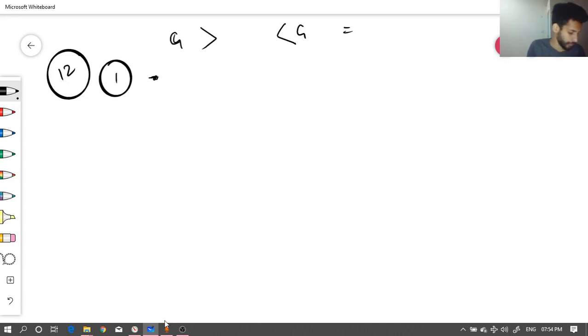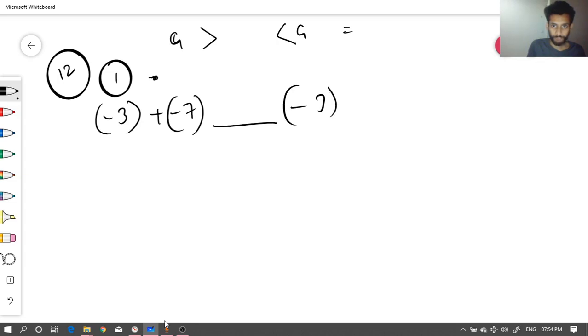So number one question is minus 3 plus minus 7, bracket minus 3 minus 7. So what we have to do is we have to solve this part and this part in these two sides.